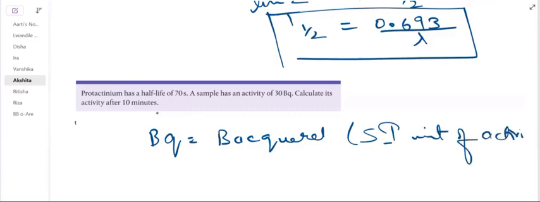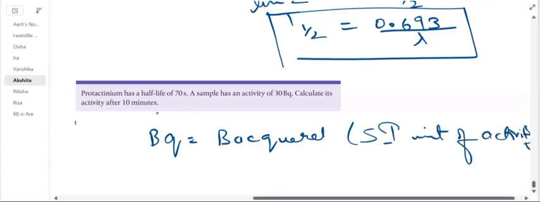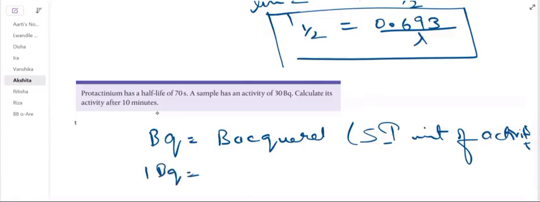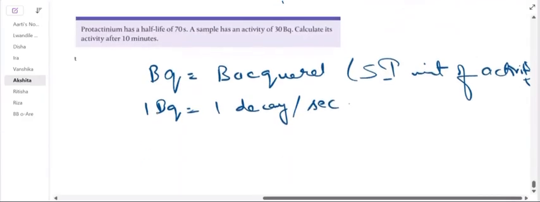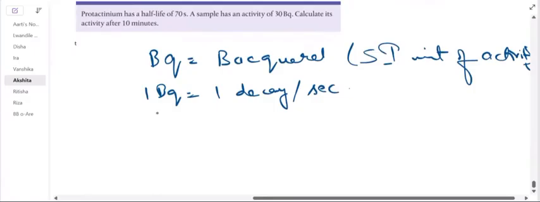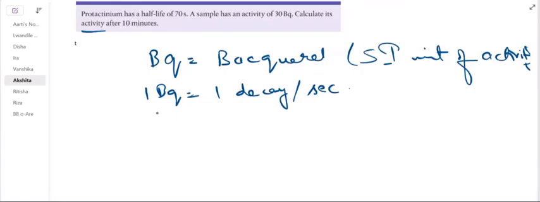One becquerel means 1 decay per second. Done. So now let's connect all the points and calculate the activity after 10 minutes.